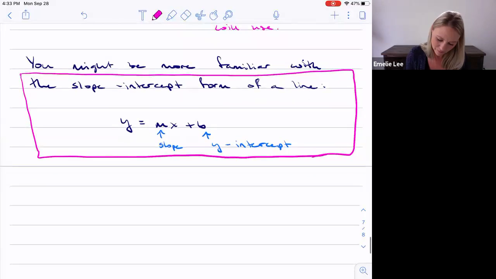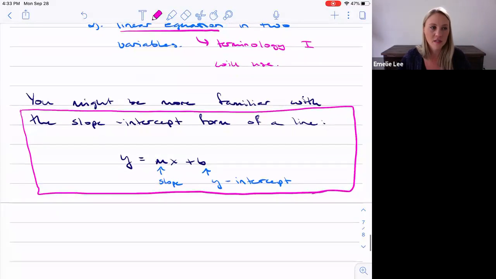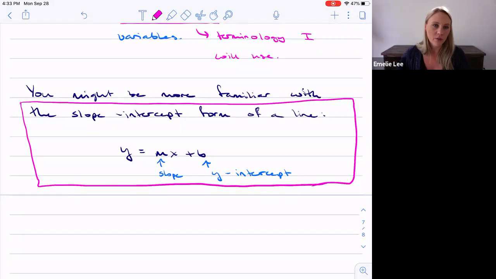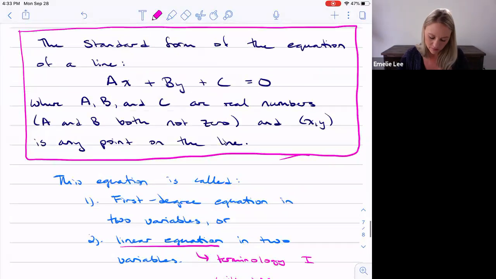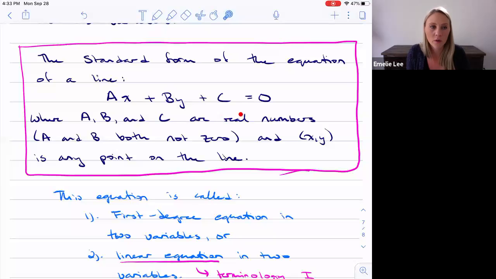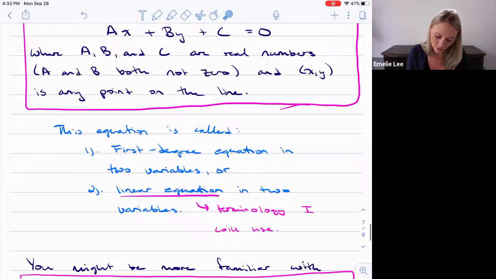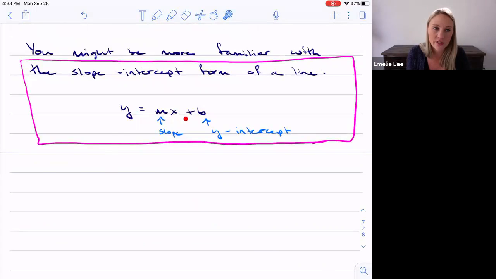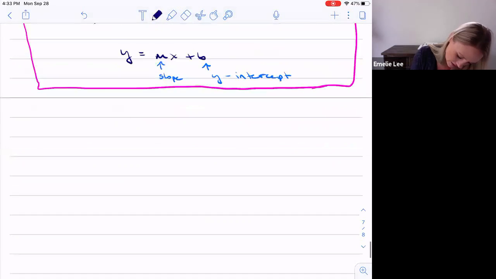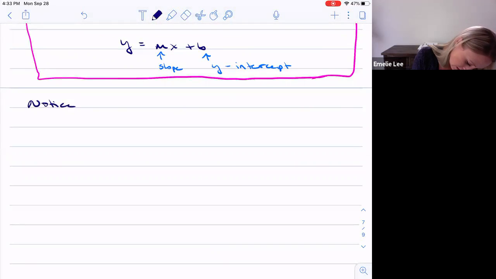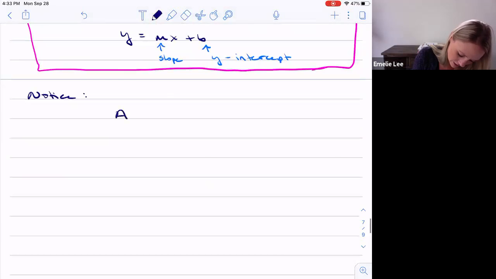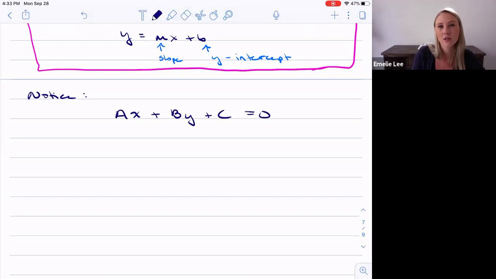One thing to notice, right? If you can rearrange things into either standard form, kind of boring, or into slope-intercept form, either way, you're going to have a line. And one thing to notice, that if we do have ax plus by plus c equals 0, right, the standard form, I can rearrange this into the slope-intercept form, right?